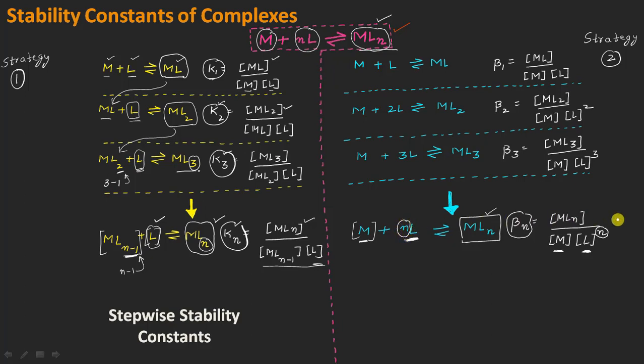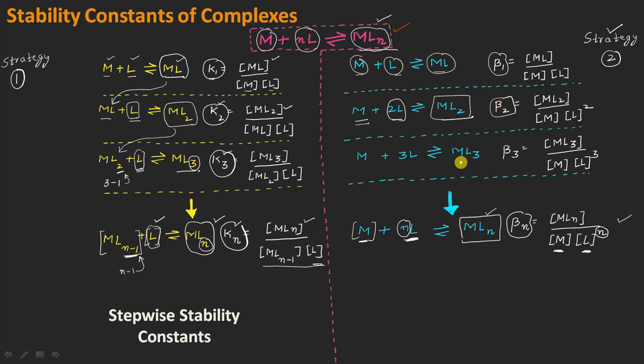So how do we get to know this? Because we know that for one metal and one ligand, for the product formation ML, the beta 1, I mean this equilibrium constant, will be ML divided by the concentration of M and that of the L. In the same way, if we want to synthesize an ML2 type of complex, and we are following strategy 2, in which we are adding all the ligands at once and not step by step, then for the formation of ML2, we just have to add 2 ligands to the same metal ion, and the equilibrium constant in that case will be this here, right?